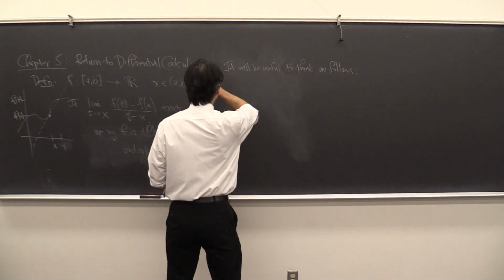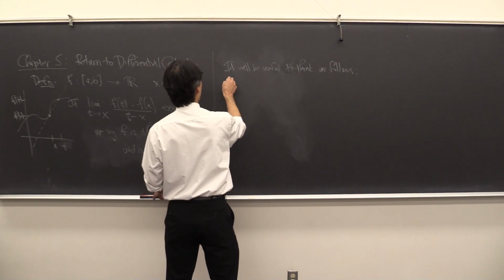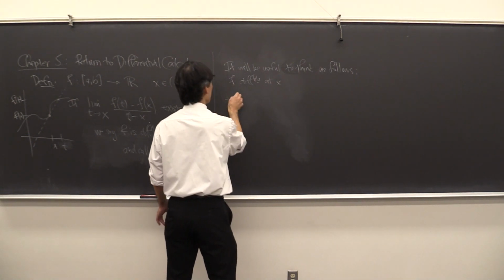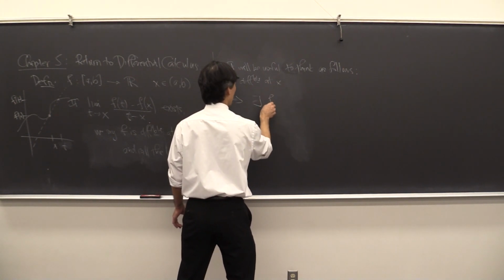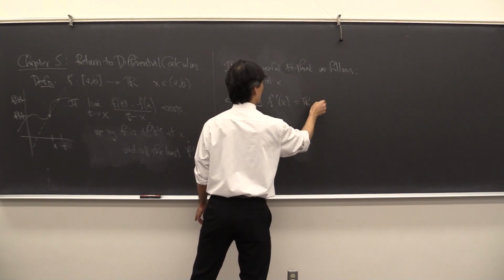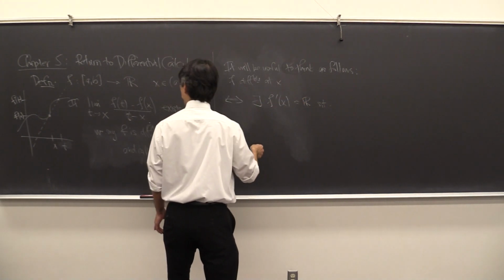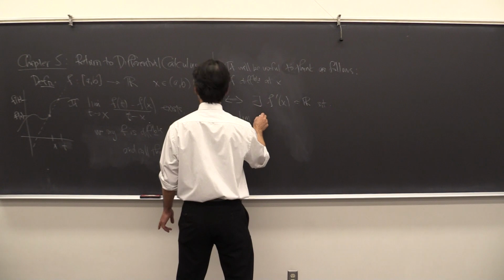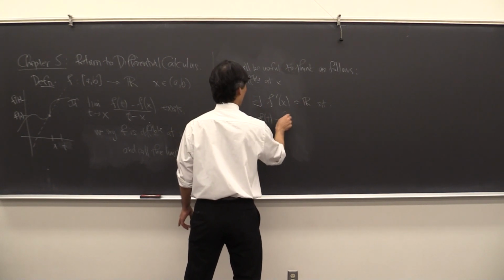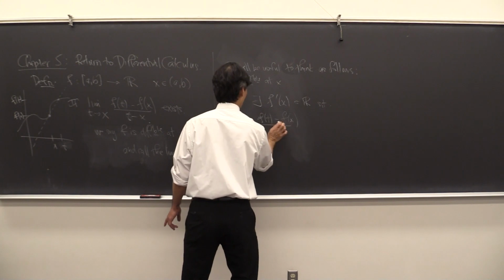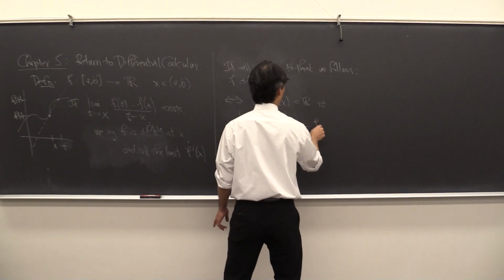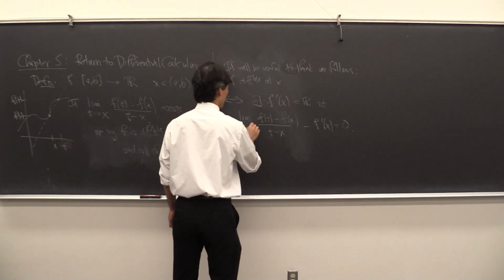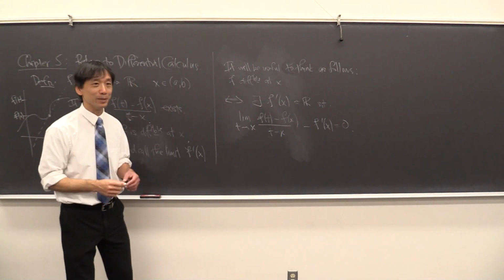You say, f differentiable at x is the same thing as saying that there exists some number f prime of x such that the limit of f of this thing minus f prime of x equals 0 as t approaches x. That's exactly the same thing, of course.